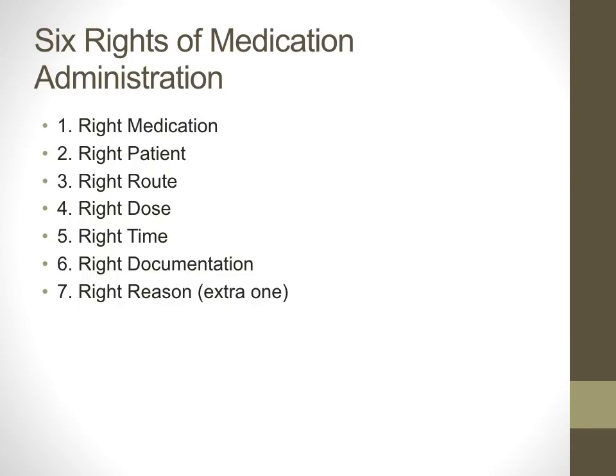You need to know: is this the right medication, the right patient, the right route, the right dosage, the right time, the right kind of documentation, and the right reason? I added the right reason, and we'll talk about that shortly.